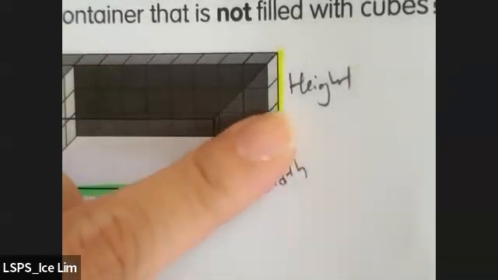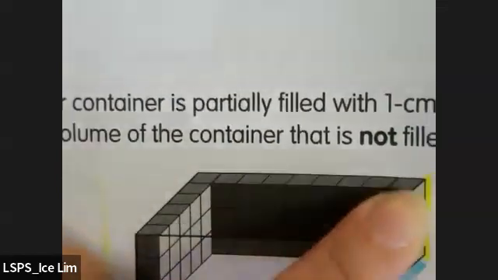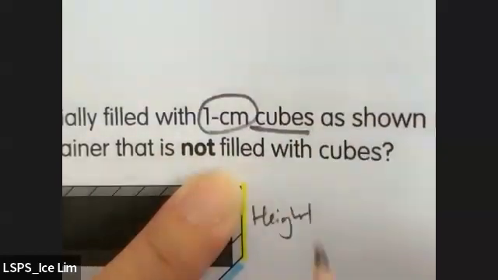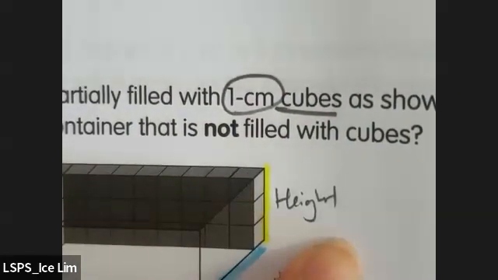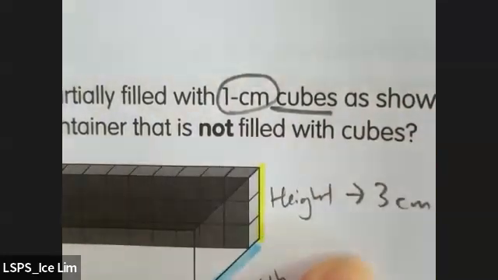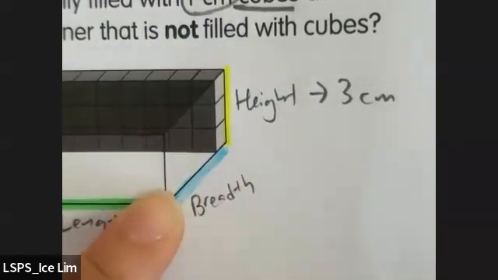The height, can you see what's the height? There are 3 cubes, right? So 1 cube is 1 cm. So if the height is made out of 3 cubes, what's the height? 3 cm. Okay, then what about the breadth? The breadth is empty, no cubes there. How? Am I going to guess?